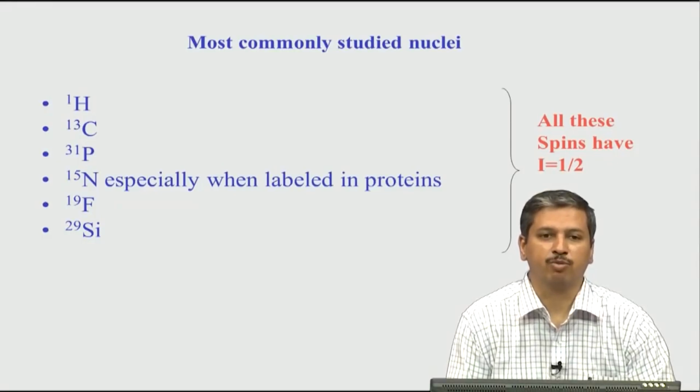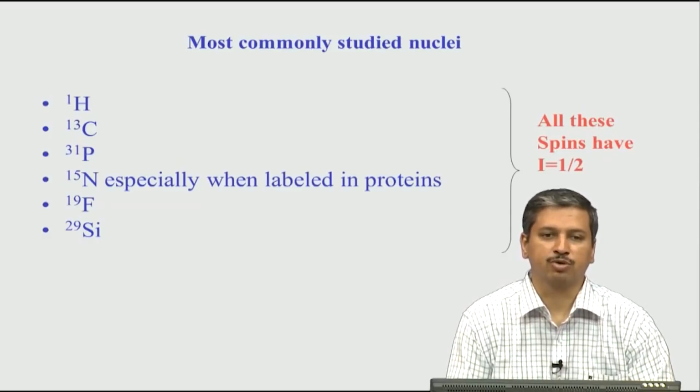N15 is also a very popular nucleus, especially when we are looking at biomolecules. Fluorine 19 is also very popular, especially in the drug industry, in the pharmaceutical drugs. Many of the drugs have fluorine, and fluorine is also very close to proton in terms of sensitivity, which we will see. And silicon is also useful for materials.